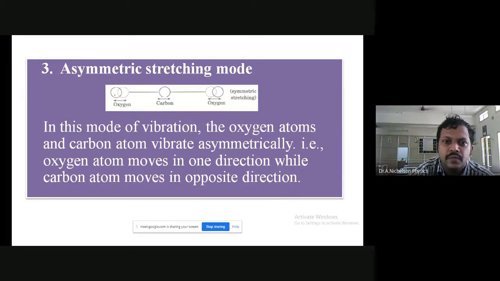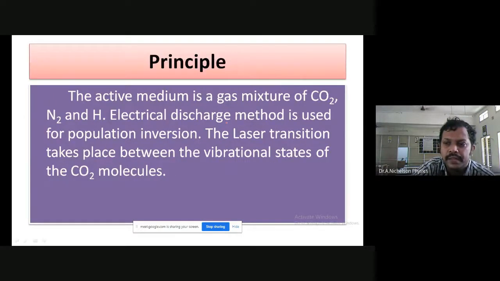If the oxygen moves towards the carbon, carbon will move in the opposite direction. When it moves away, it will move in the other direction. Okay, so that's what will happen here. Asymmetric stretching. So you should know the three modes of vibration that happen in a carbon dioxide molecule.